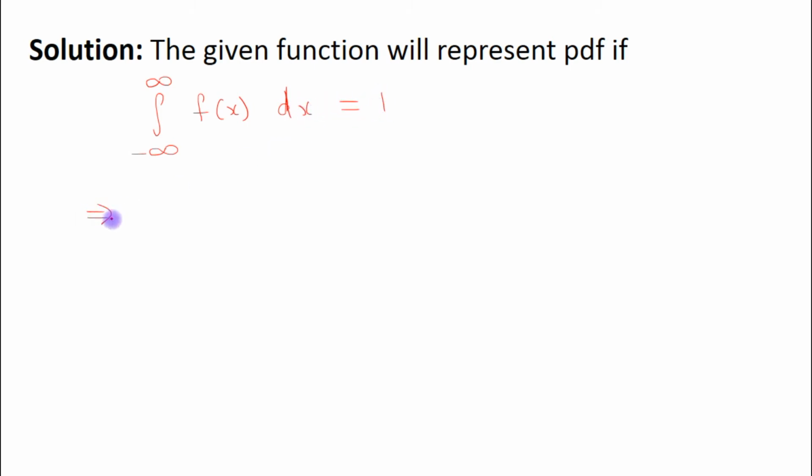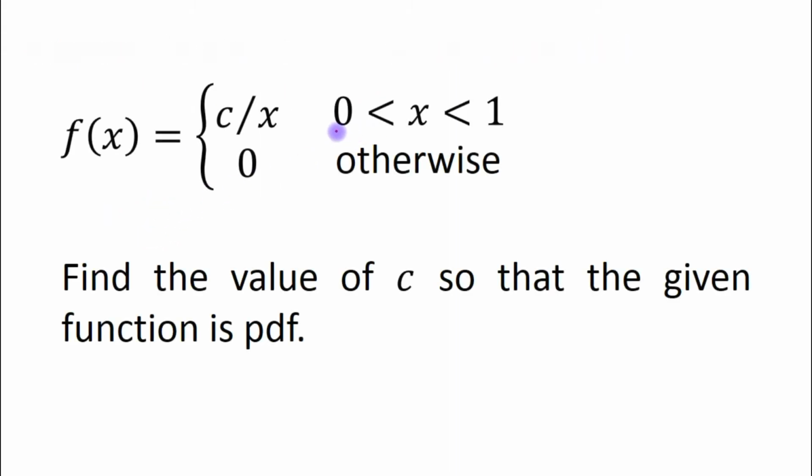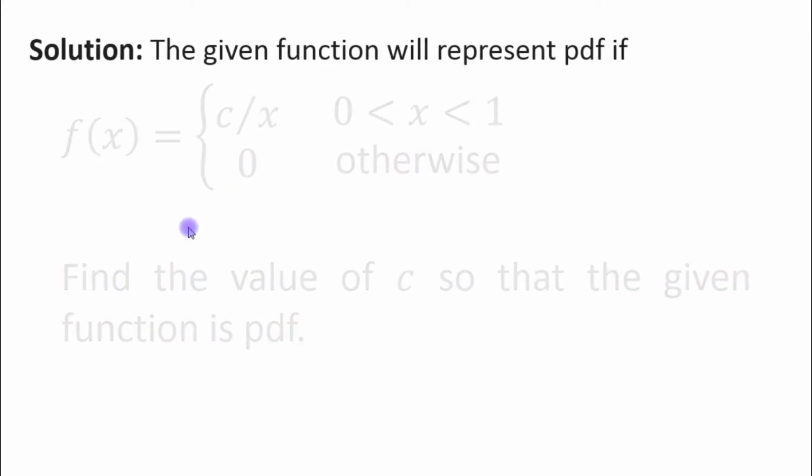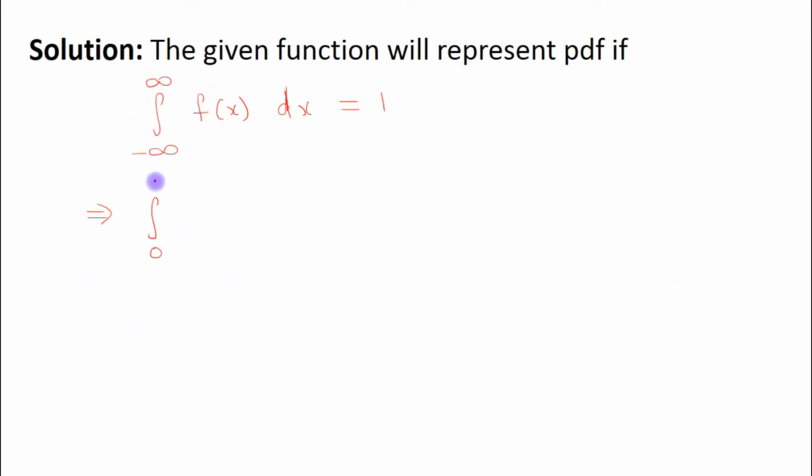Next step, the limits are 0 to 1 and the function was c by x, so the integration from 0 to 1 of c by x dx equals 1.